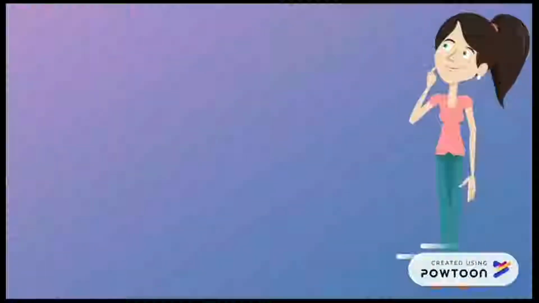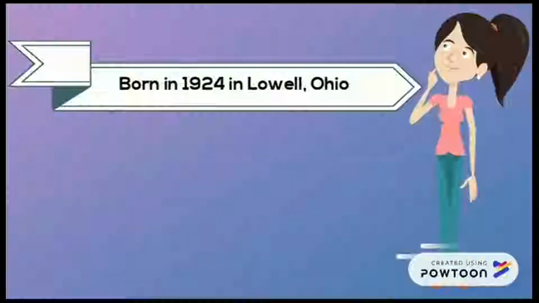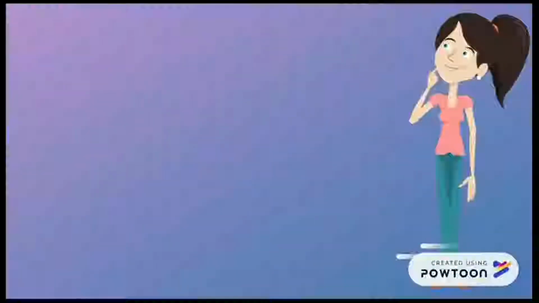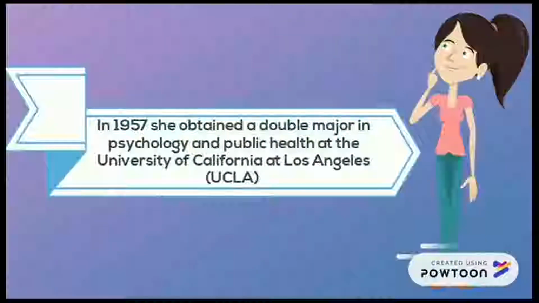First, I'll discuss Betty Neuman's biography. Betty Neuman was born in 1924 in Lowell, Ohio. She obtained her RN diploma in 1947 from the People's Hospital School of Nursing in Akron, Ohio. In 1957, she had her double major in psychology and public health at the University of California at Los Angeles.